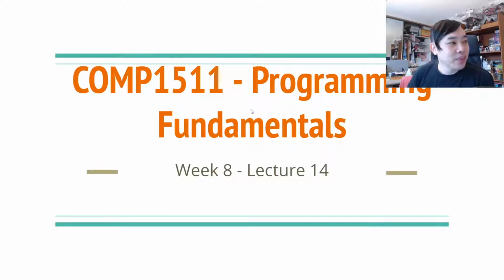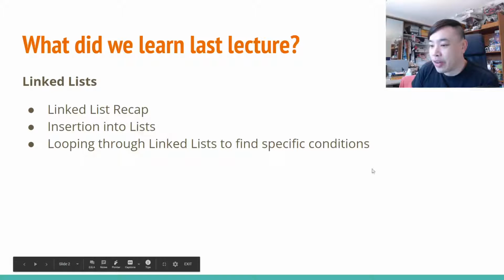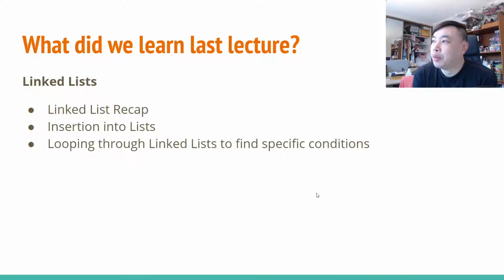Okay, so, let's get into what we're talking about today. Today is part 3 of our series on linked lists. Up until this point, on Tuesday, we recapped the starting information about linked lists, like what they were, and the structs, and we did insertion into linked lists.